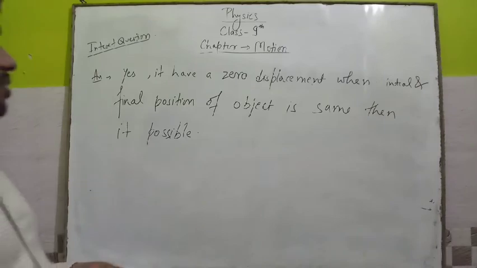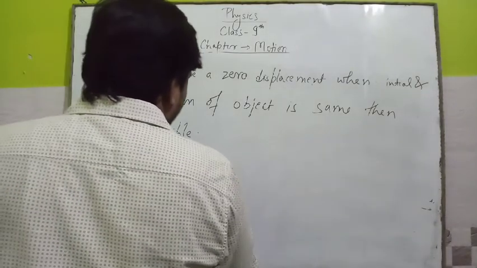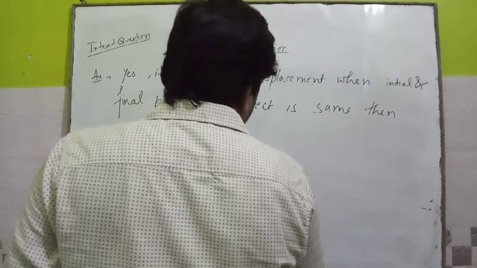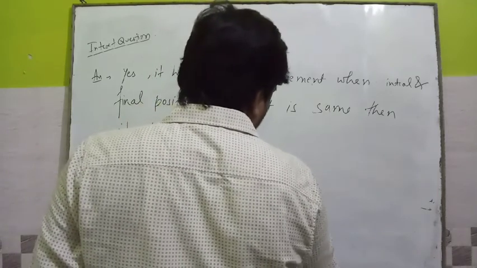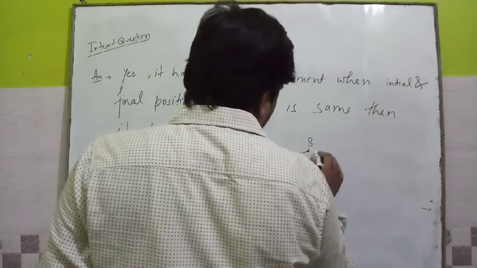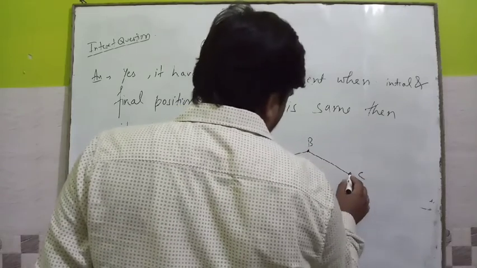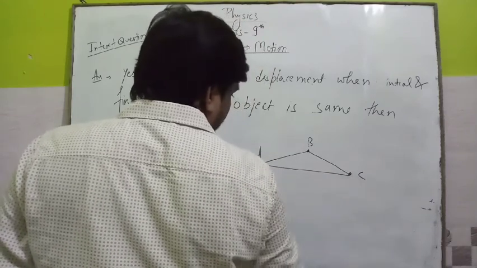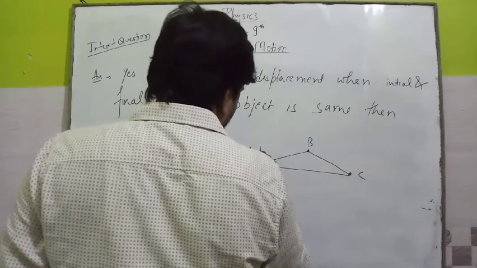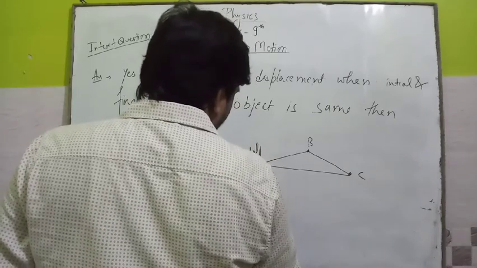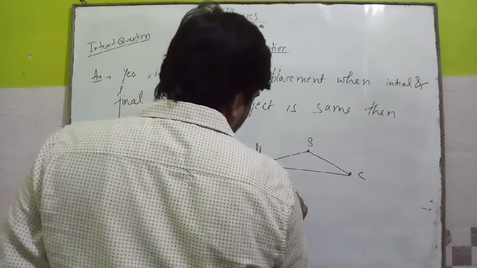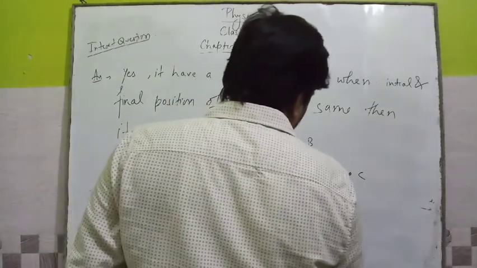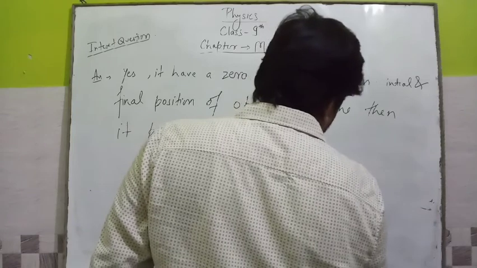If you take an example, here is a point A and an object is moving covering some distance, it goes to point B and it goes to point C, and after that it again comes back to point A. Means the initial and final position of the object is the same.